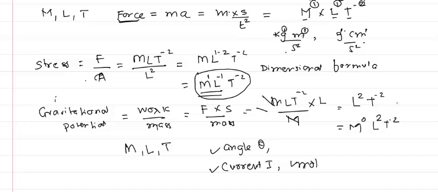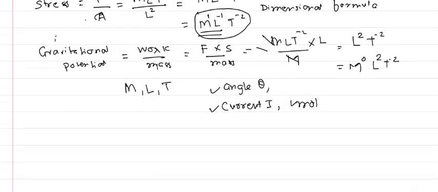The other point to note is that if you have pure ratios and pure numbers, then they do not have any dimension. For example, if you take the example of pi, pi will not have any dimension because it does not have any unit.